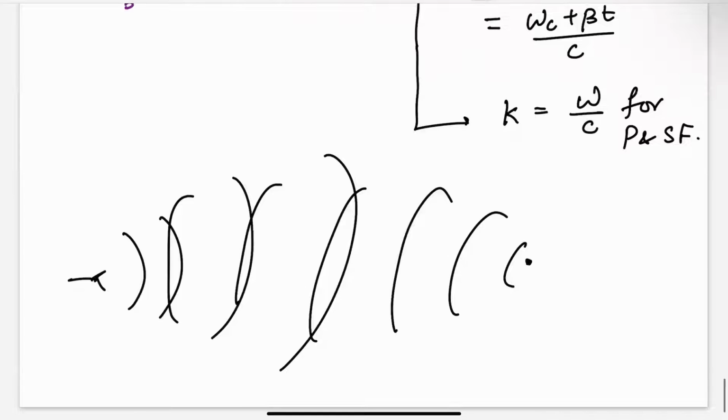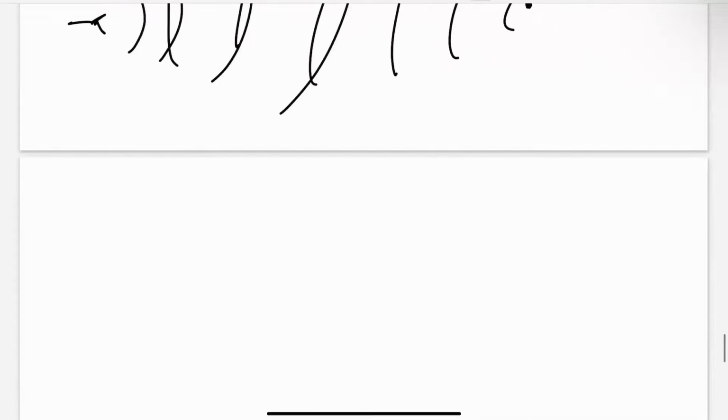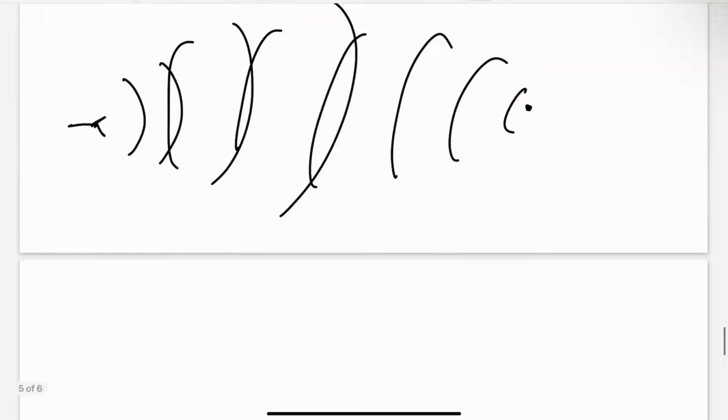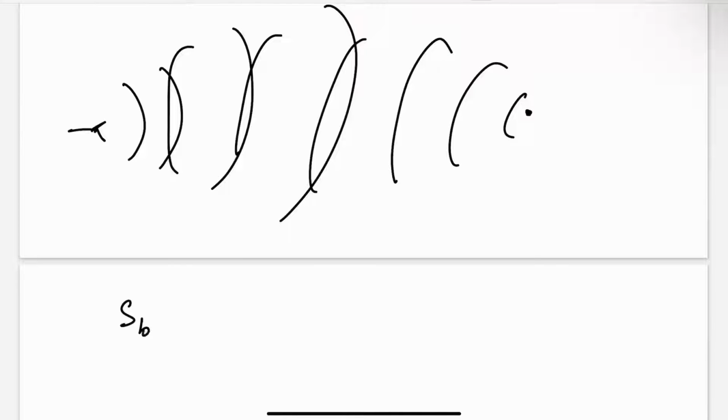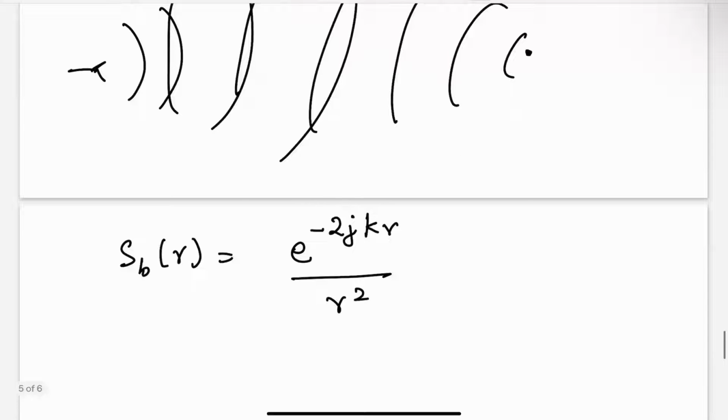So really, S_B(R), if you want to be a little bit more precise, should really be e^(−2jkR) over R², right? Because you have 1 over R going one way and then 1 over R coming the other way. And that's why you have the 2.